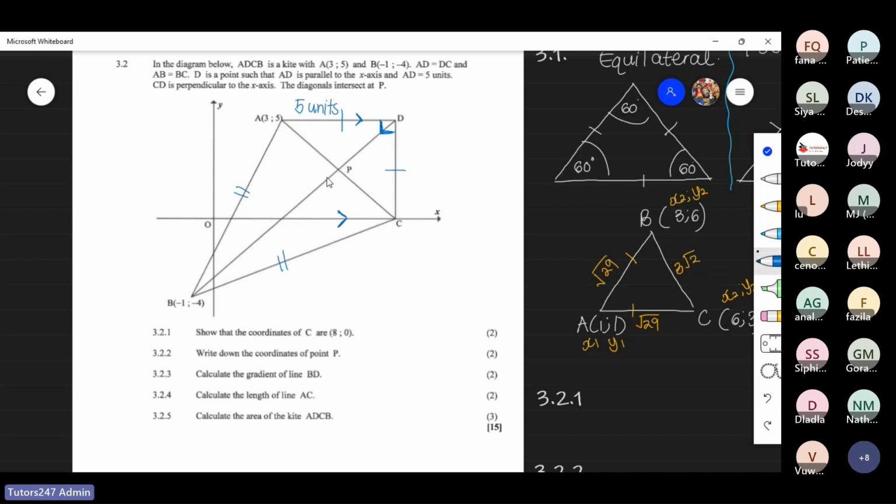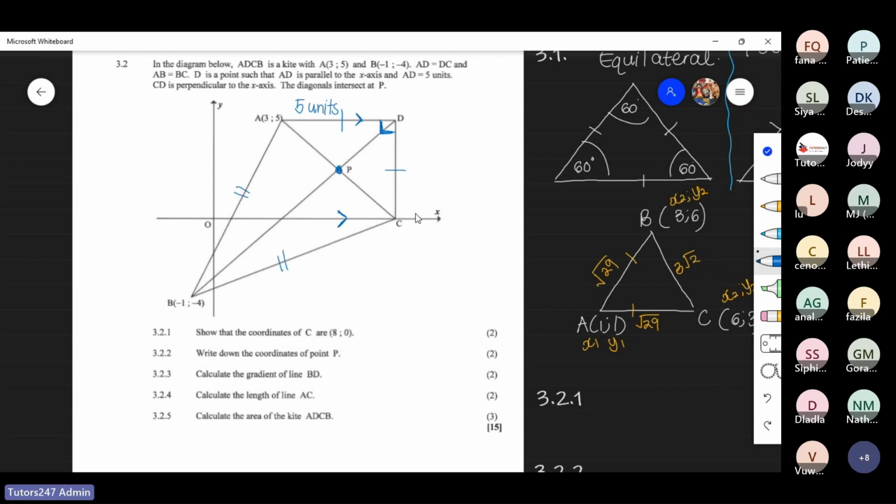The diagonals intersect at P. So the diagonals are these lines that are on the inside. They intersect at point P, which then means that based on the properties of a kite, P is now the midpoint of AC, but P is not the midpoint of the longer diagonal.